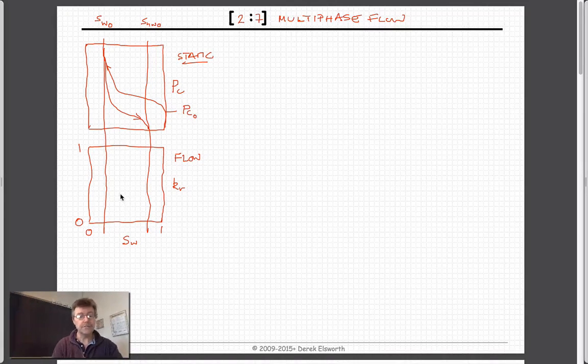Hopefully we'll use relatively standard terminology, without messing around with all the subtleties of the relative permeability curves. This is between 0 and 1. This would be the relative permeability of the non-wetting, and this would be the relative permeability of the wetting.